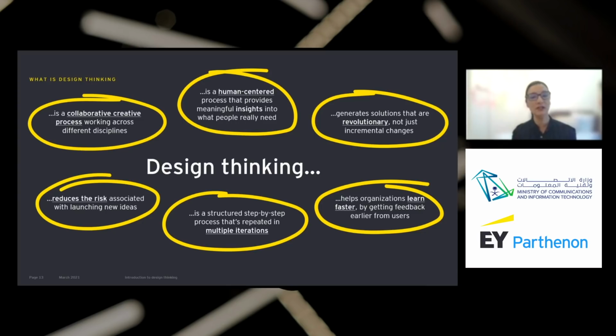It's a very structured step-by-step process that is done in multiple iterations. And by doing this process, you can reduce the risk associated with launching new ideas that have not been tested or have not got feedback. And it's a very collaborative process as well. And we work across disciplines like engineering, like design, and business as well.